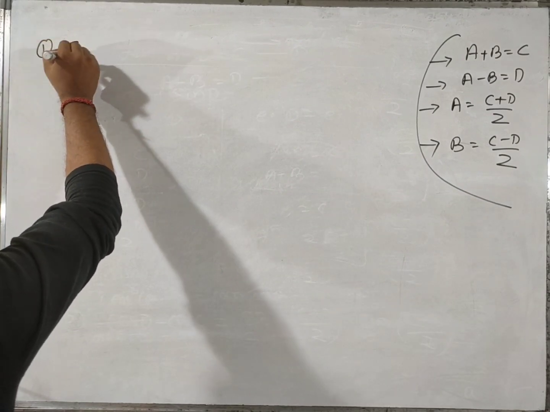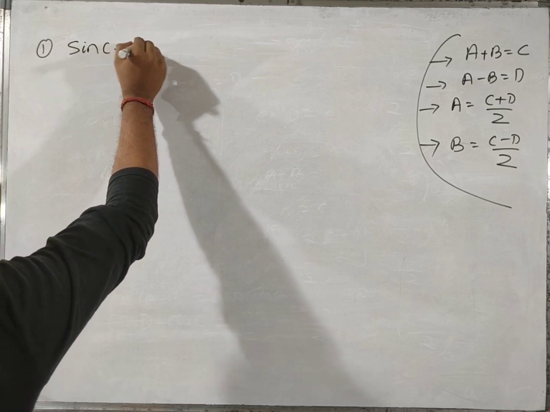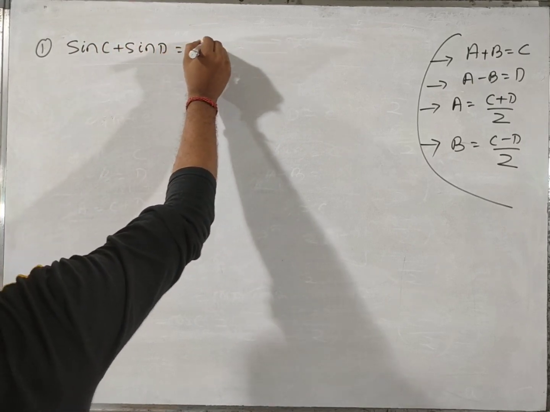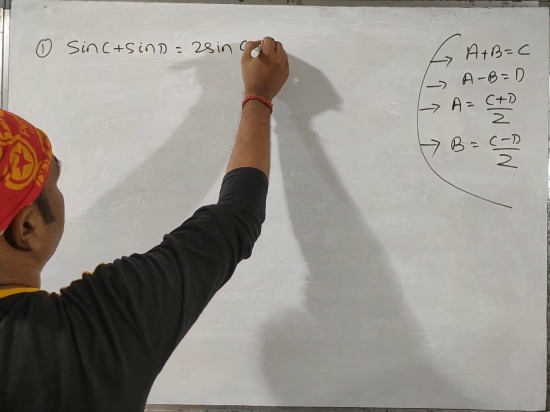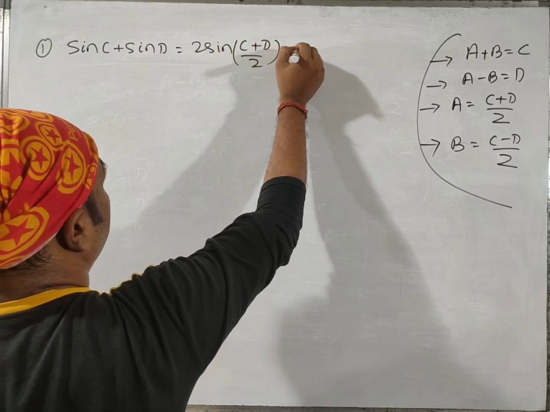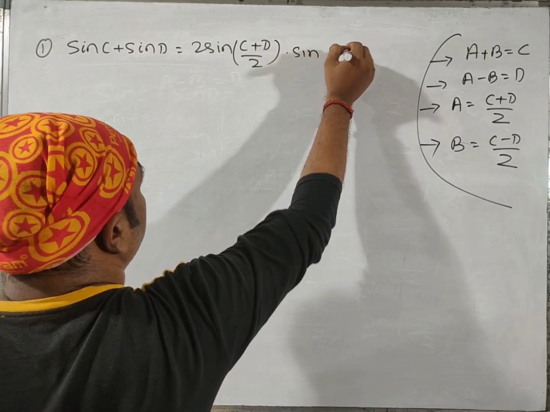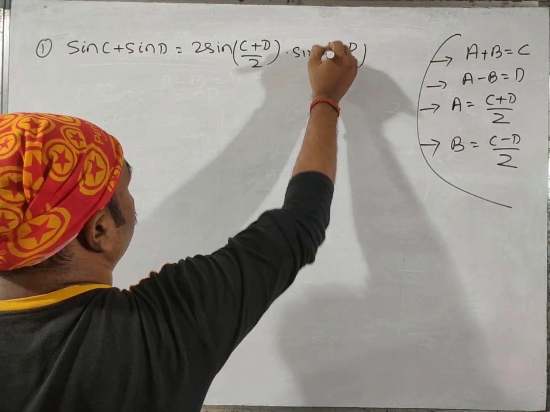First of all, we have to prove sin C plus sin D is equal to 2 sin((C plus D) by 2) multiplied with cos((C minus D) by 2).